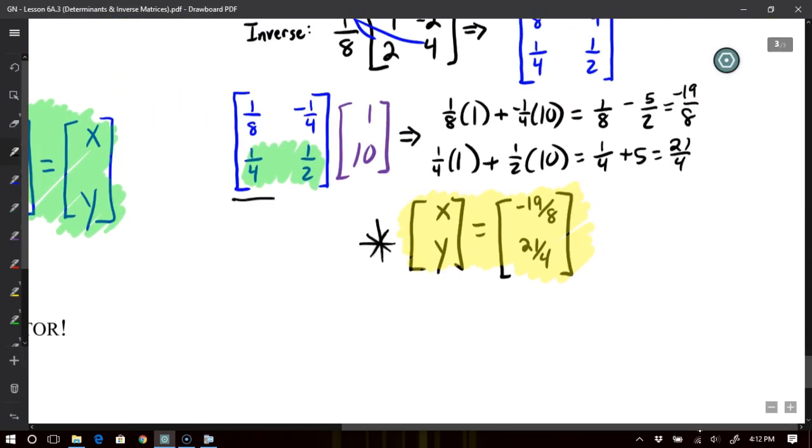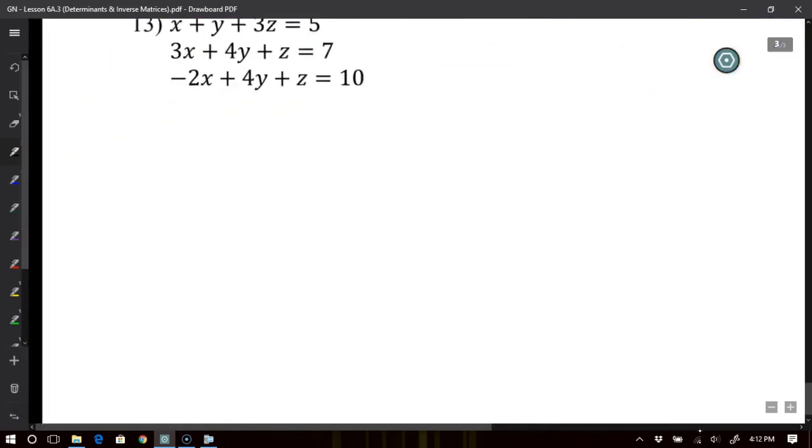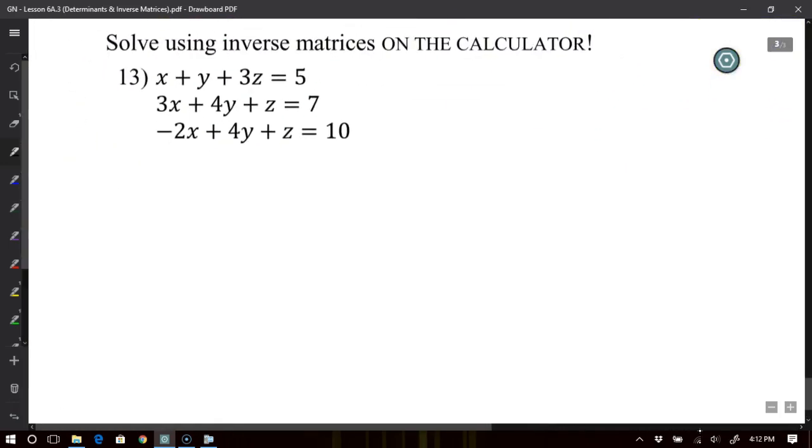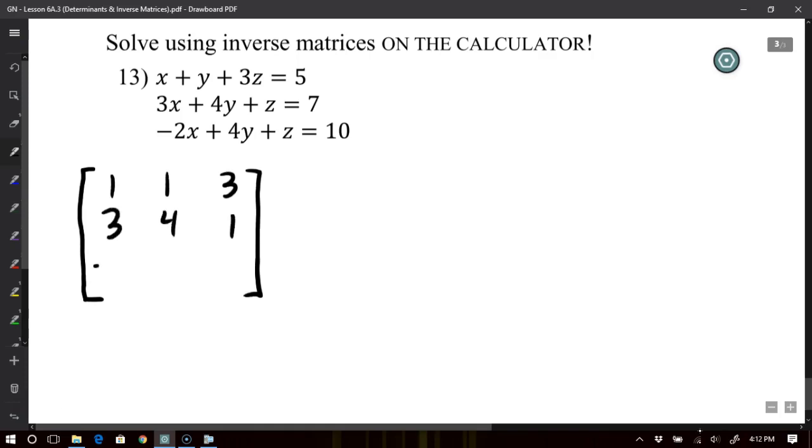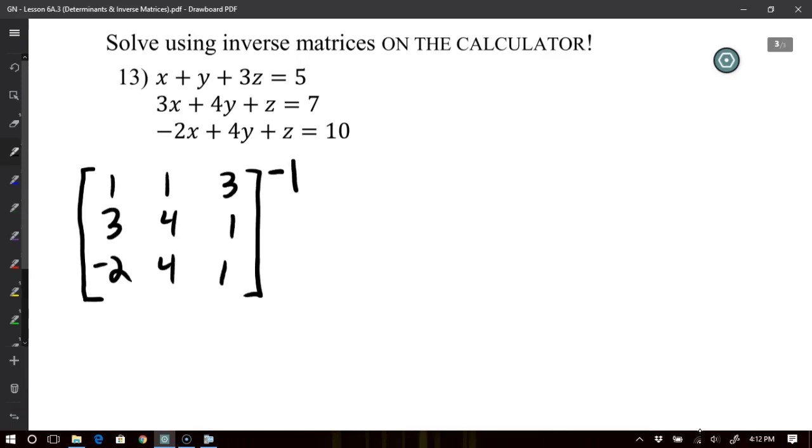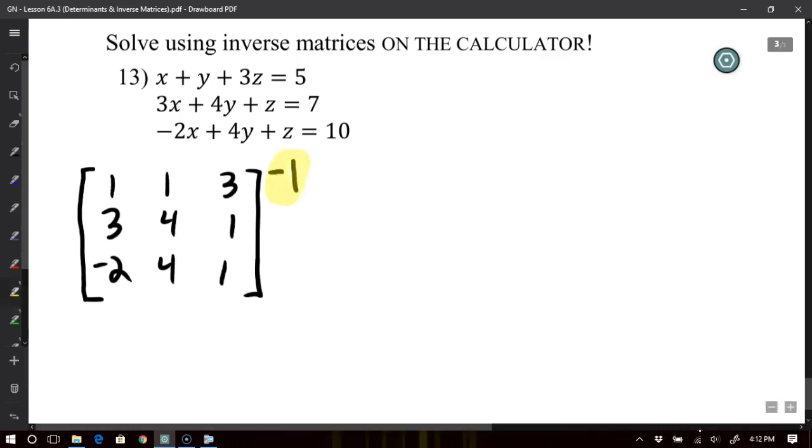It's very similar to the process we use to find our answer. We took our inverse matrix and we multiplied by our answer matrix. Well, the inverse matrix, if you look at the notation that we worked with in the beginning of the lesson, is your coefficient matrix, 3, 4, 1, -2, 4, 1, raised to the negative first power. Even look at your homework and all the problems that dealt with find the inverse, it had this notation.